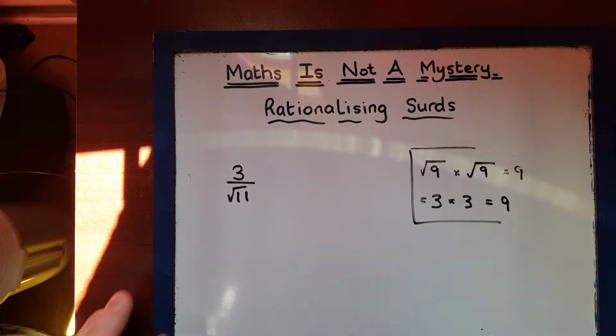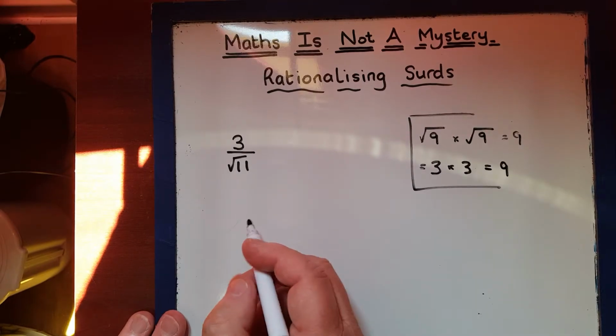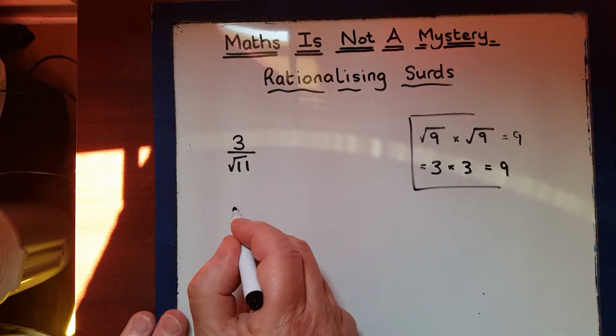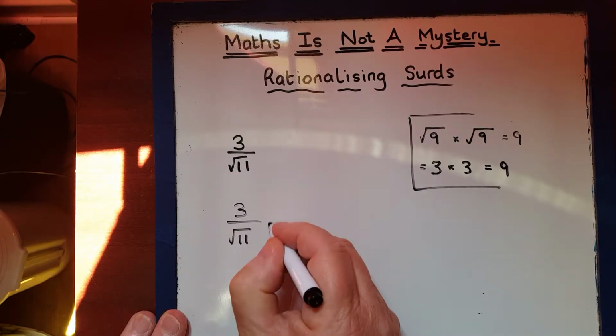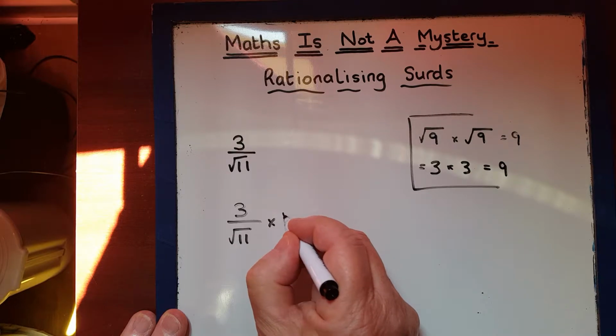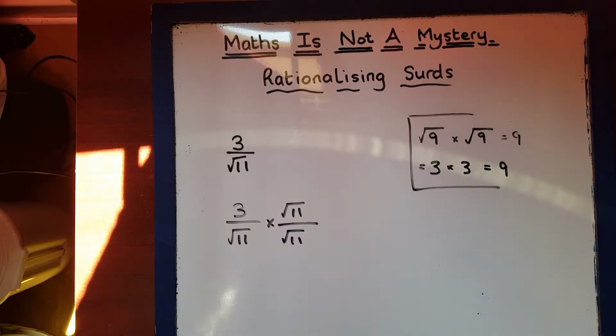Now, with that in mind, all we have to do is multiply our entire fraction by the square root of 11. So we're going to do 3 over the square root of 11, as we had there, times the square root of 11 over the square root of 11.